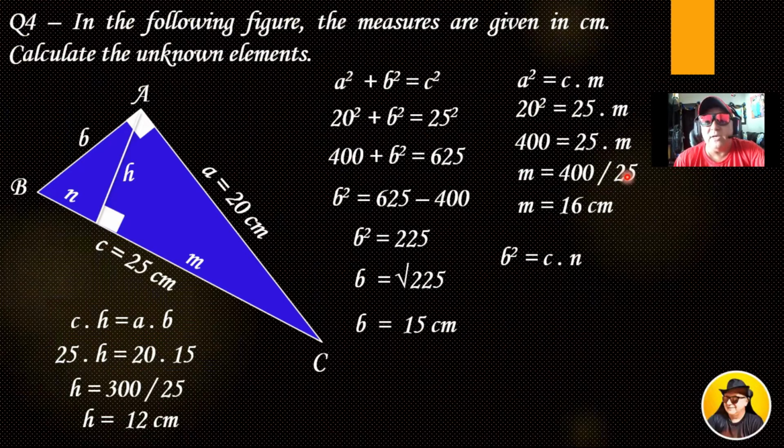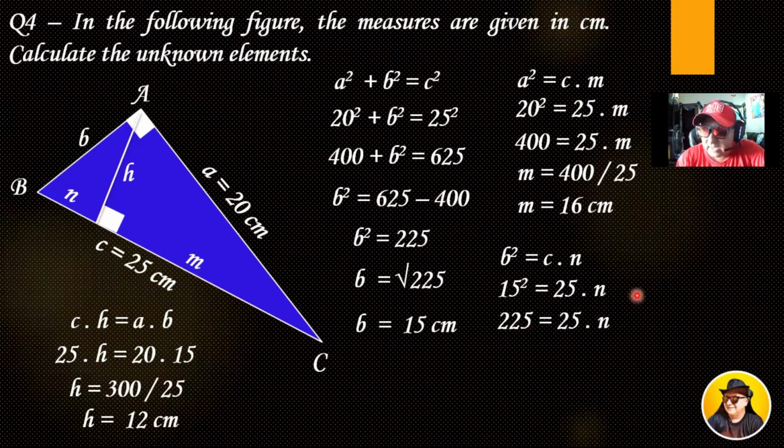Okay, now let's calculate N. So B is 15. So 15 squared is 25 times N. Well, 15 times 15 is 225. Okay, and now 225 is going to be divided by 25. Now let's rotate the equation like this.